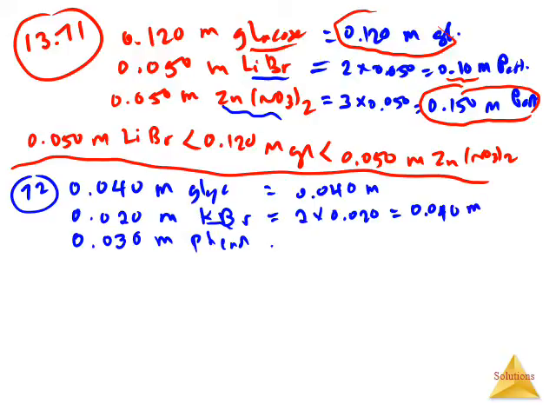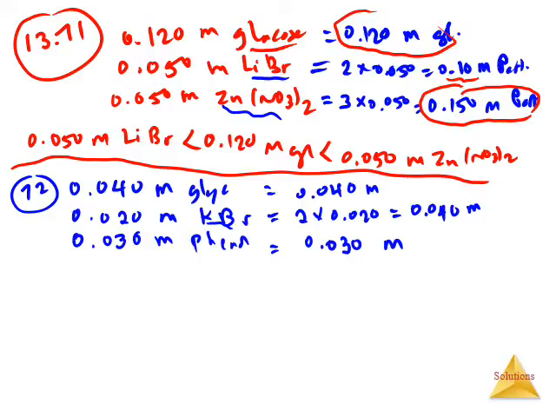In the case of phenol, it would be as it is because it doesn't break down, 0.030 molal concentration. Now, if you're wondering how do I know whether a compound is going to break down, try to find out whether it's an ionic compound or not. If it is an ionic compound, it's going to break down. If it is a non-ionic compound, it would not break down.